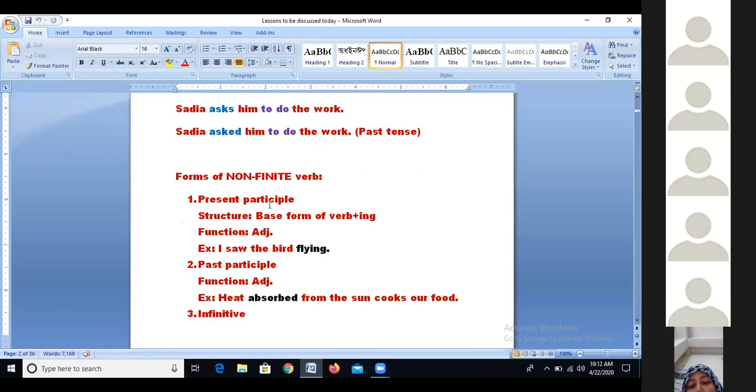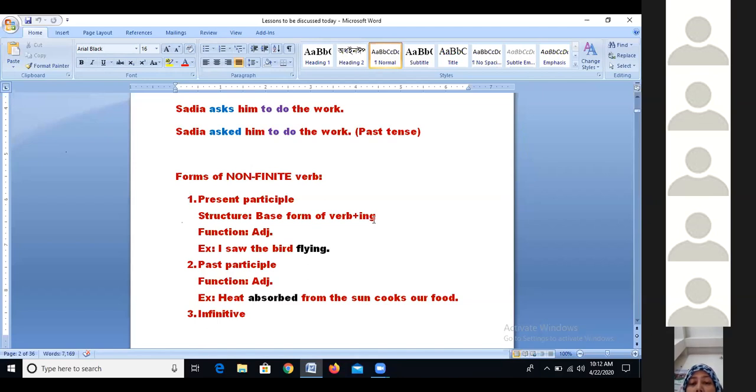The first one is present participle. Present participle is a form of non-finite verb. Now, what is the structure of non-finite present participle? Base form of verb plus ing. That is, you have to add ing to the base form of verb.